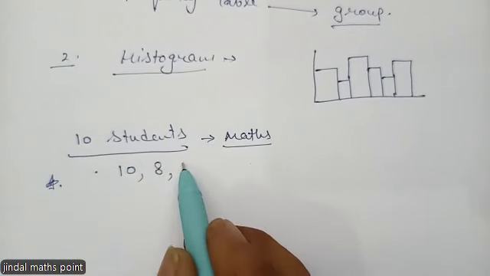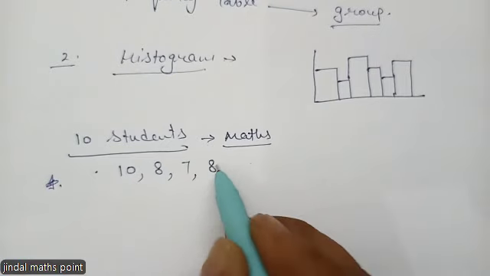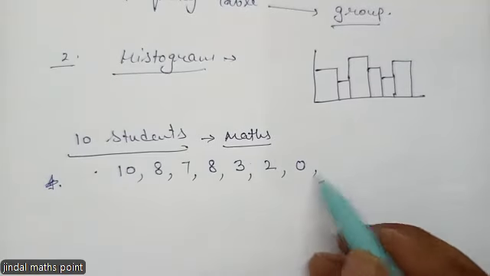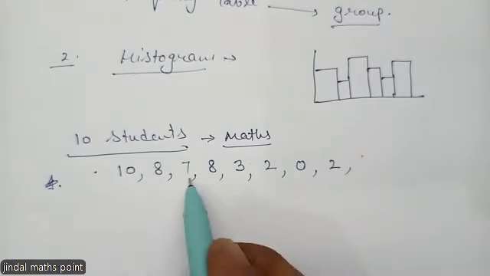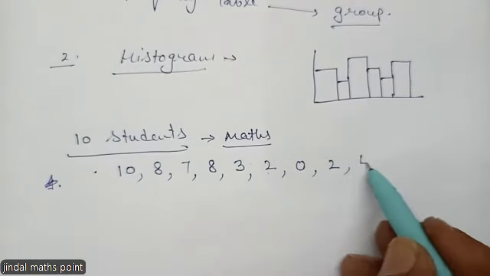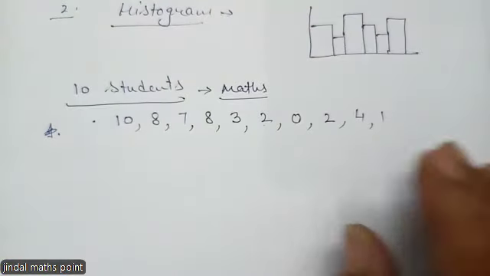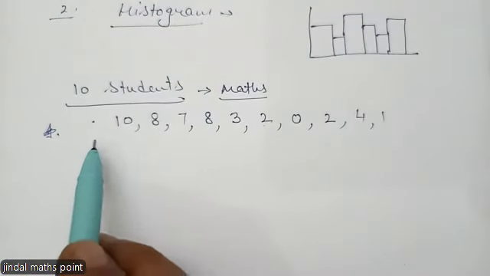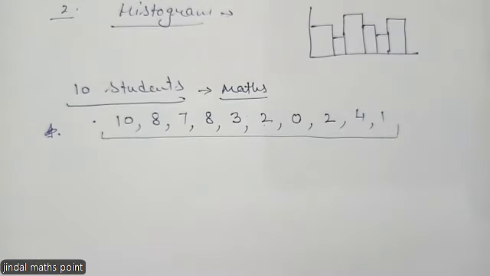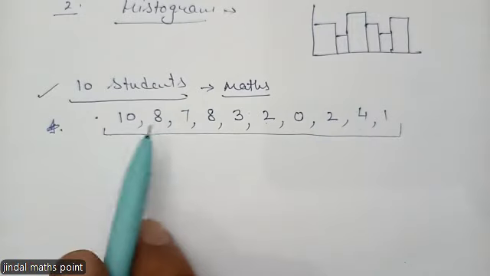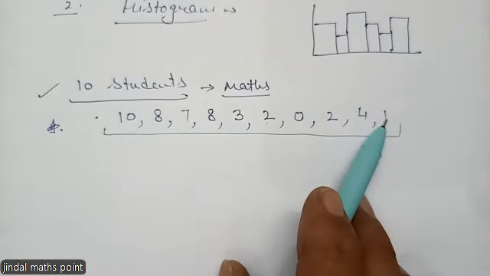Second, 8. Third, 7. Fourth, 8. Then 3, 2, 1, 0, 2, 3, 3, 6, 2, 8, 4, 1. For example, these are the marks scored by your class students. I suppose there are a total of 10 students in your class.